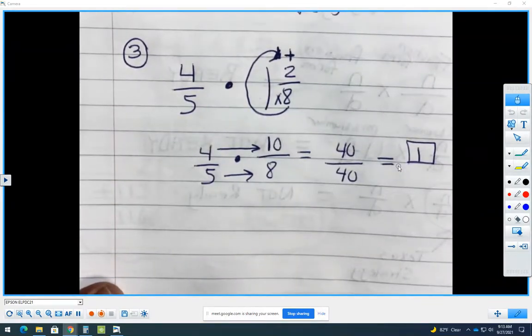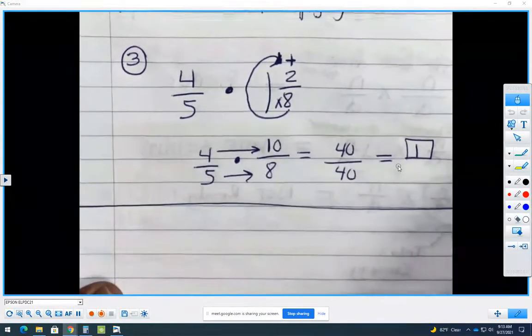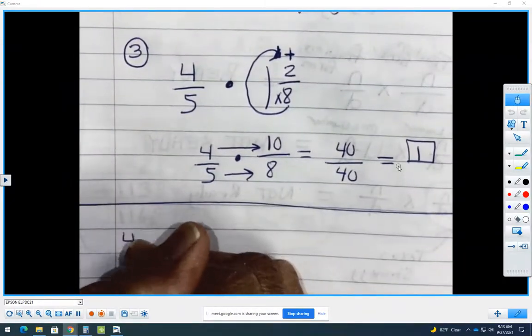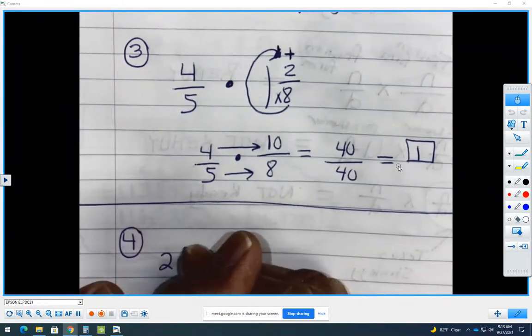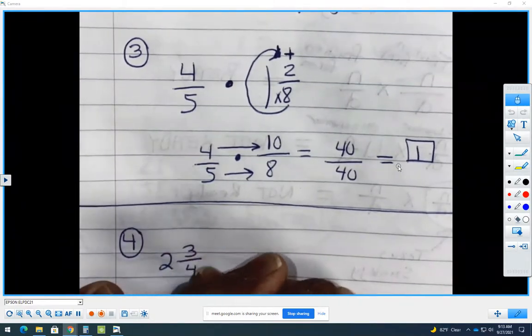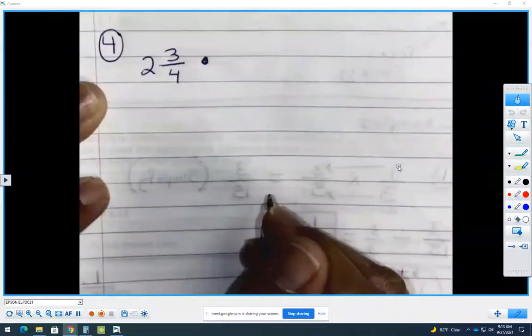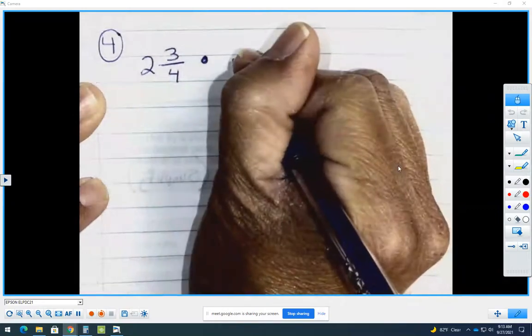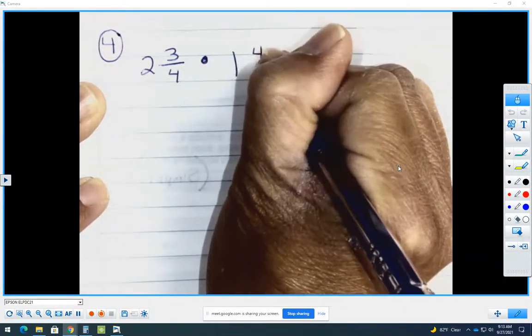Question number 3. Draw a line. And I'm going to do the last one, number 4. Number 4: 2 and 3/4 times 1 and 4/10.